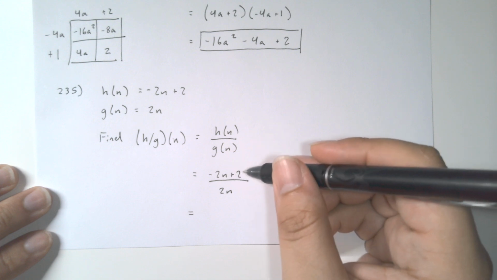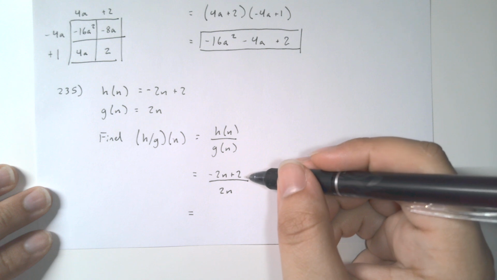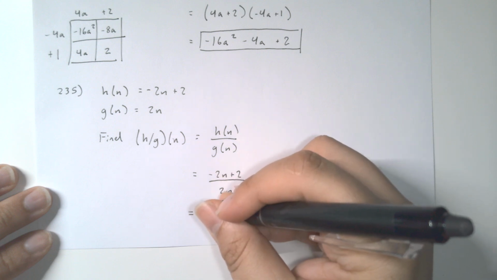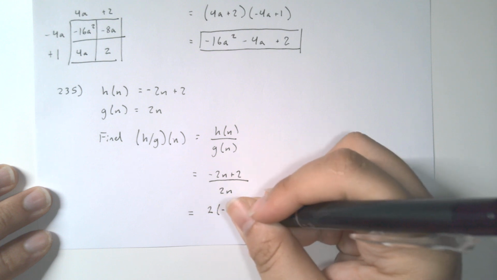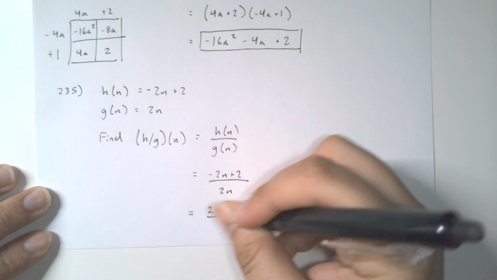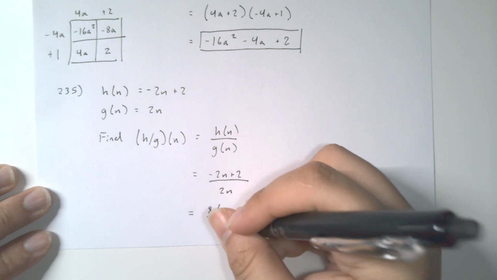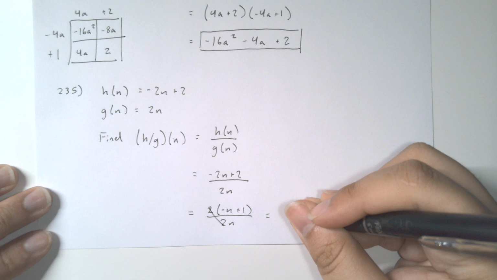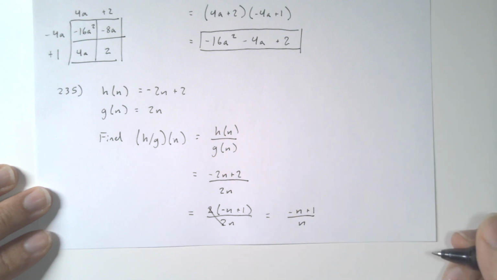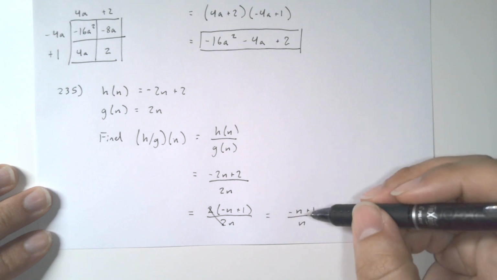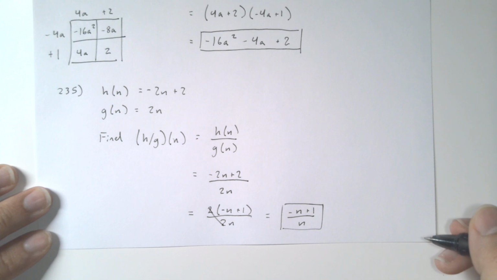We could factor out a 2 from the numerator. And if we do that, we have 2 times negative n plus 1 divided by 2n. And if we cancel out the 2's, this will be negative n plus 1 divided by n. So either one of these answers works. However, I would prefer you have this one here, where it's simplified.